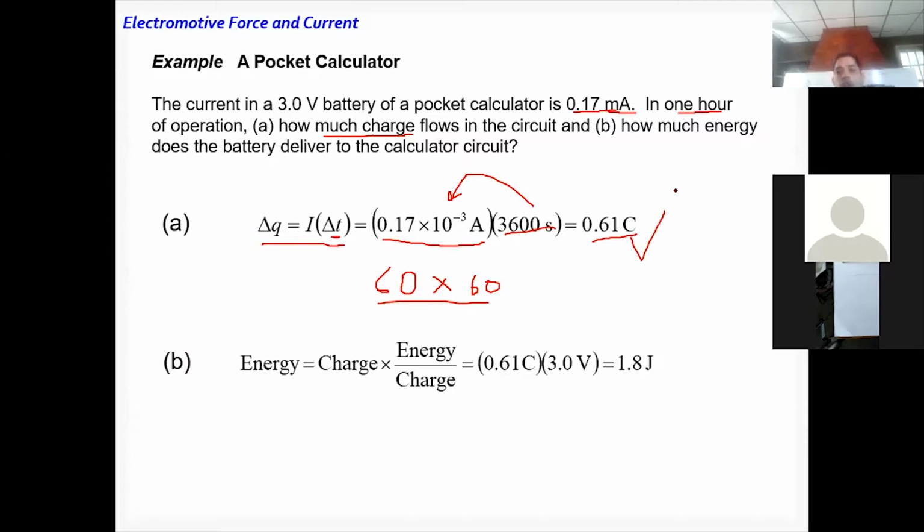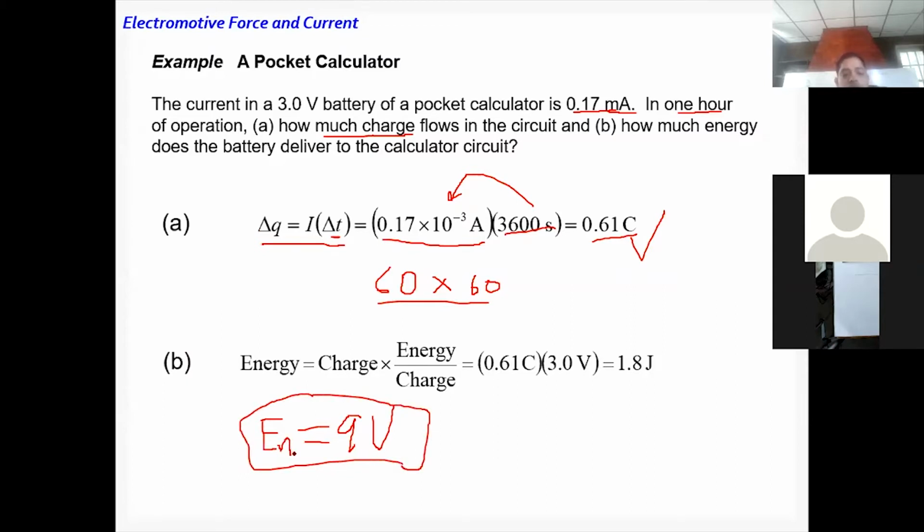Now, how much energy does the battery deliver to the calculator circuit? So remember, energy equals QV. Do you remember this from the previous chapter? E equals work done equals energy equals QV. This E is energy, by the way, okay?